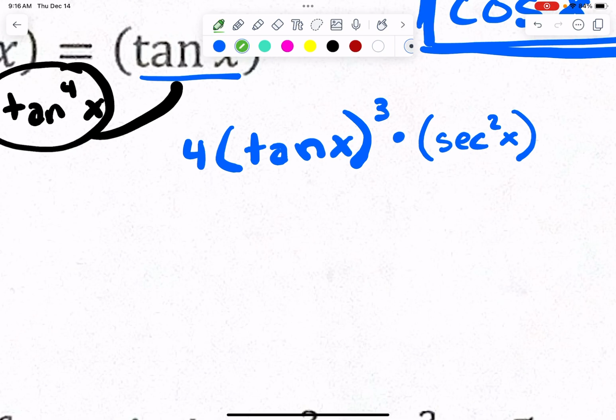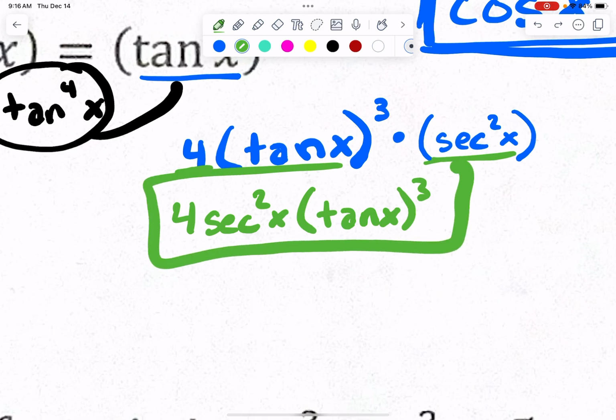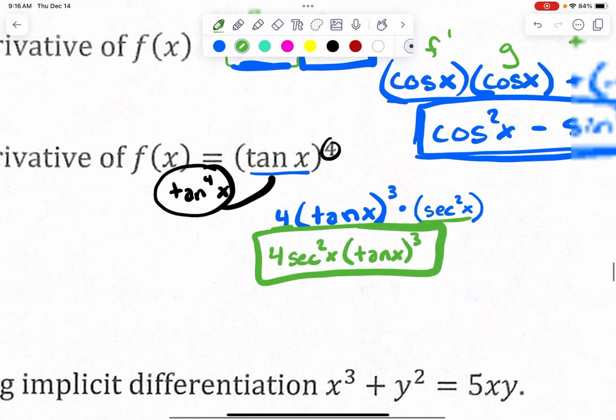The only thing that I usually do on the chain rule is take this times the back, so 4 secant squared x, and then I have tangent x to the third power, and I can get away with not having it in parentheses because it is just one piece by itself, right? So if you want to put parentheses around it, you can.